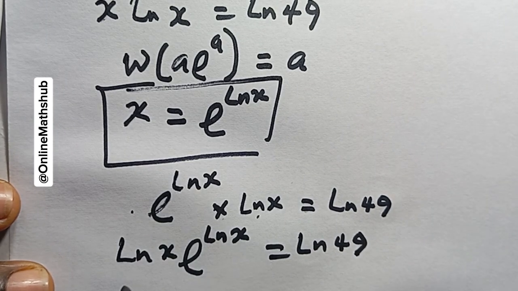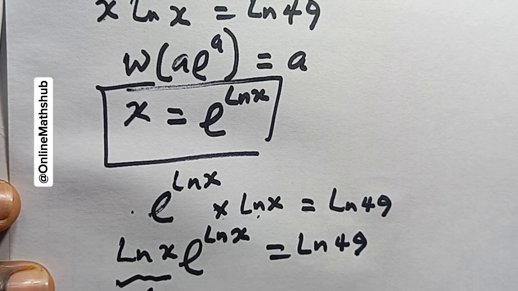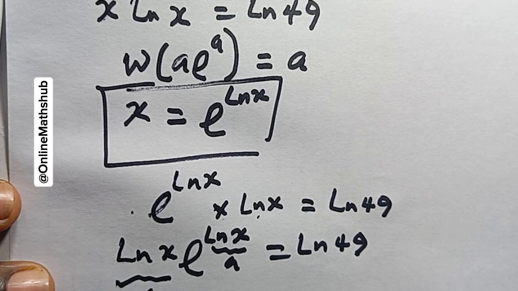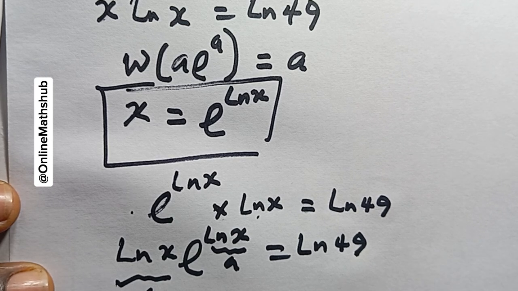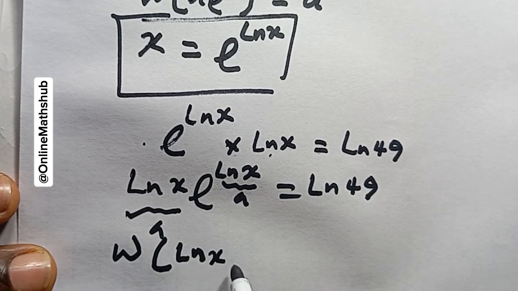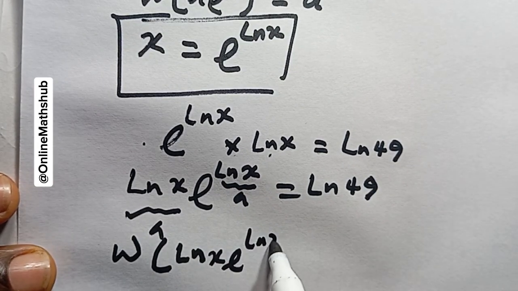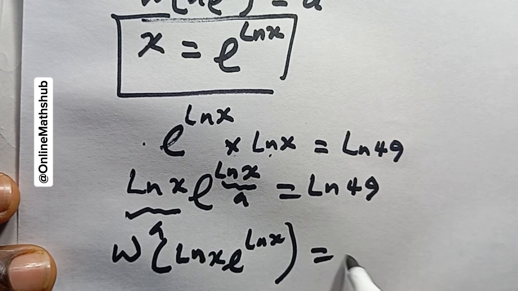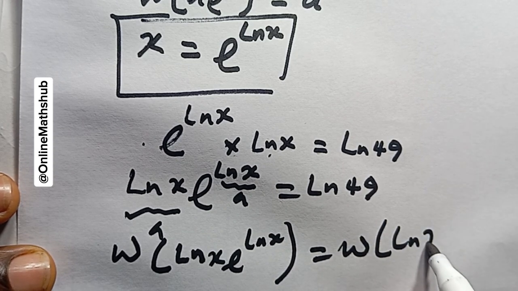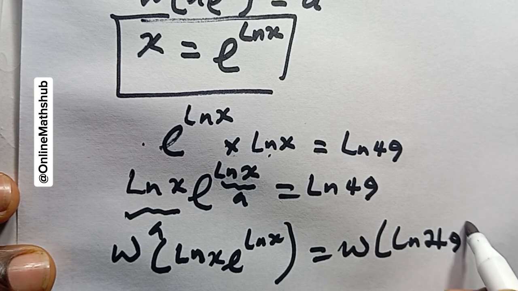Of course you can see that we've got this function in the form of a exponential a. So that being the case, we can go ahead to pass the Lambert W function. So we have Lambert W function of natural log of x times exponential natural log of x is equal to the Lambert W function of natural log of 49.